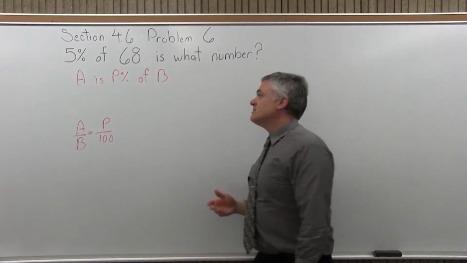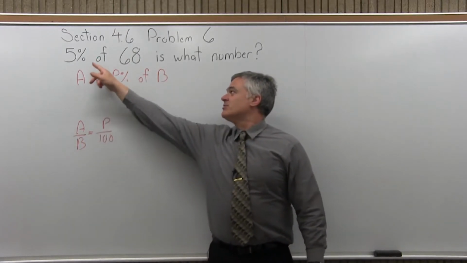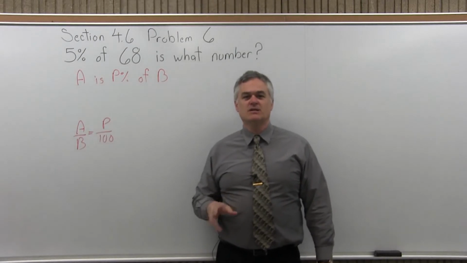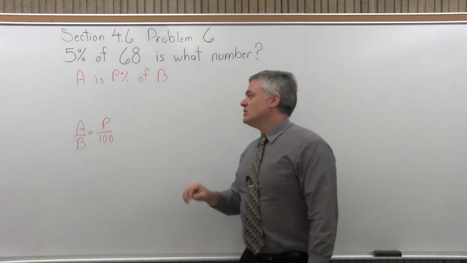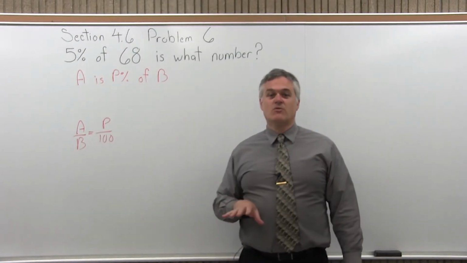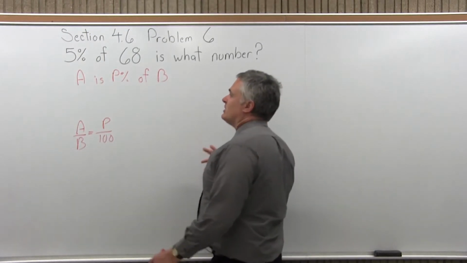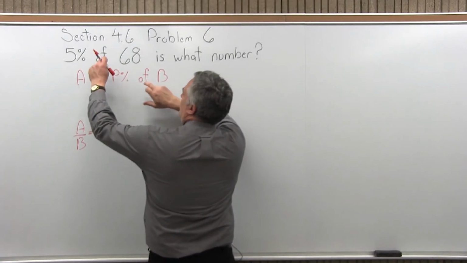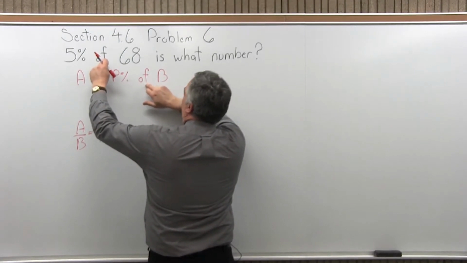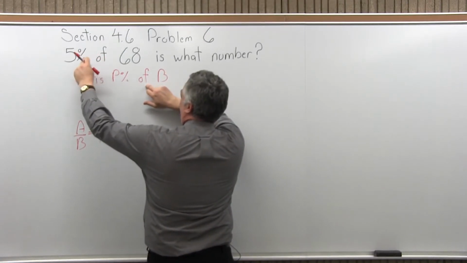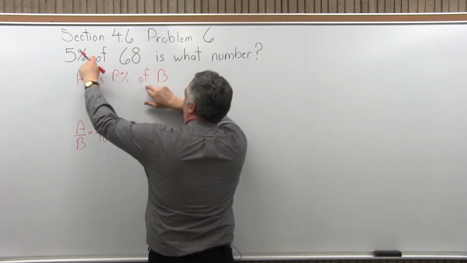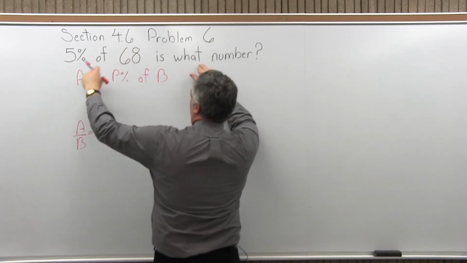Now, this particular problem isn't set up that way. The percent comes first. It's not A is P percent of B. So to use this system, we have to rewrite the problem, or just reorganize it in our head at least. When you have to reorganize it, what you want to do is lock in on that word percent, and that's going to give it to you. 5% of B is 5% of 68, so the what number is the A?